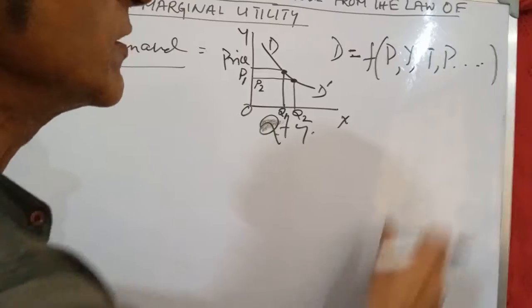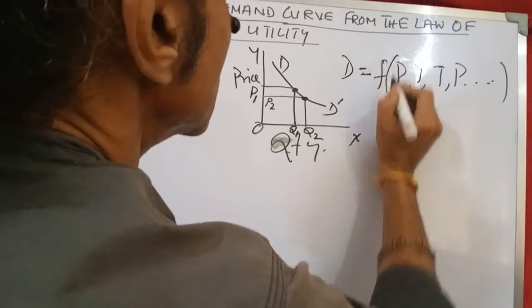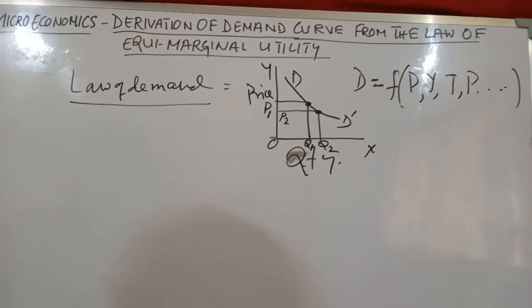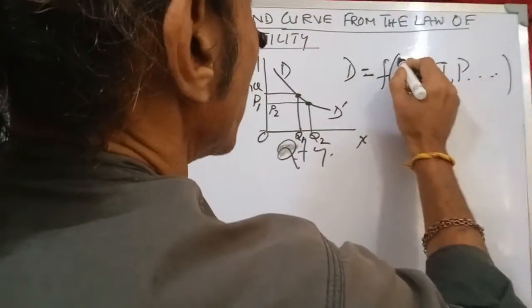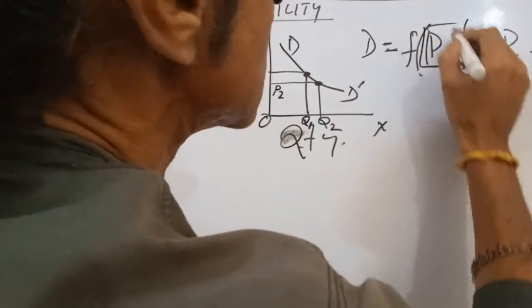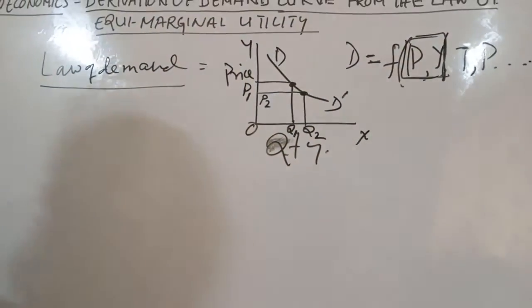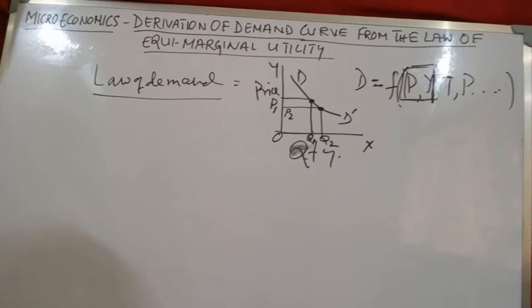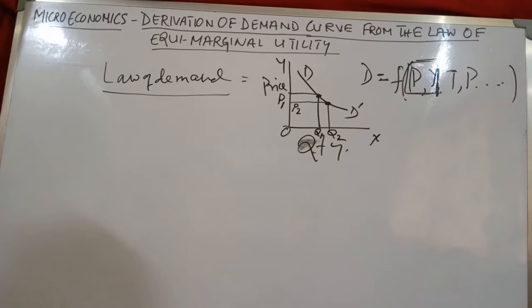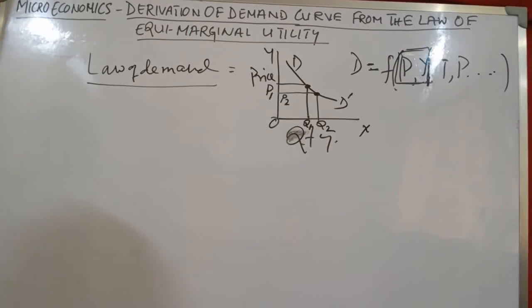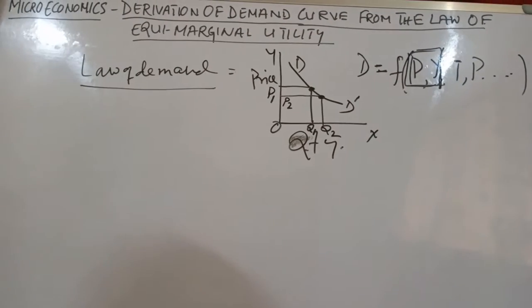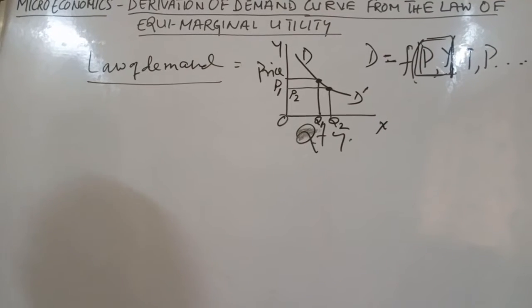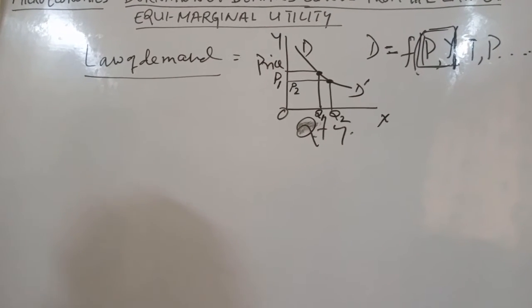Demand is a function of many factors. And among those factors, P and Y are the strongest factors that influence demand. That is to say, the price of a commodity and income of the consumer are the strongest factors that influence quantity demanded for a commodity.